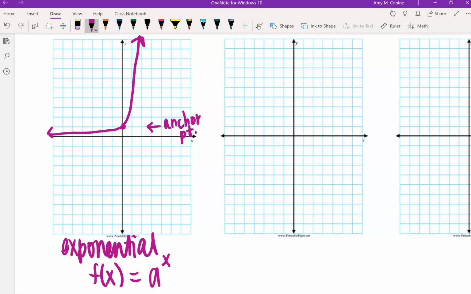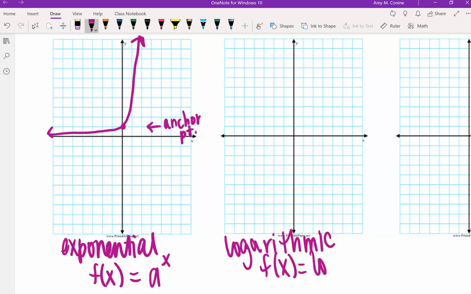Now our next one we're going to talk about is a logarithmic function. That's when your y, or f of x, is equal to the log of some base a of x, log base a of x.